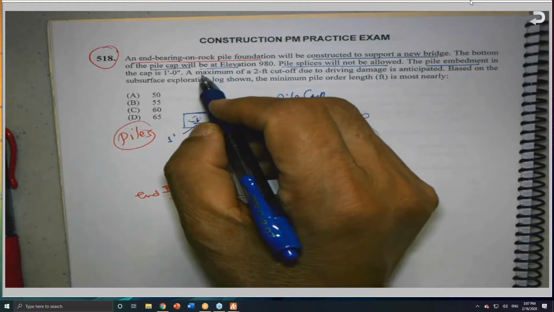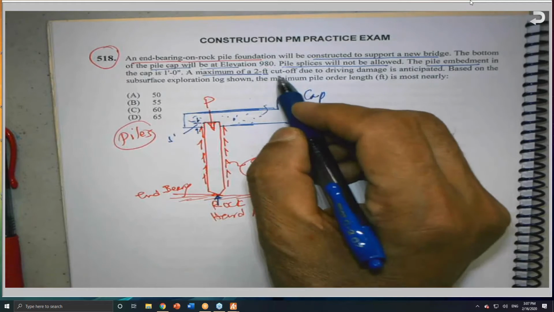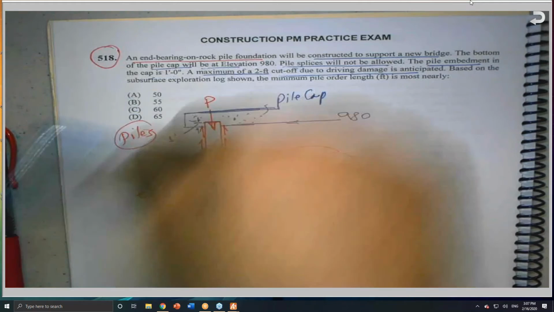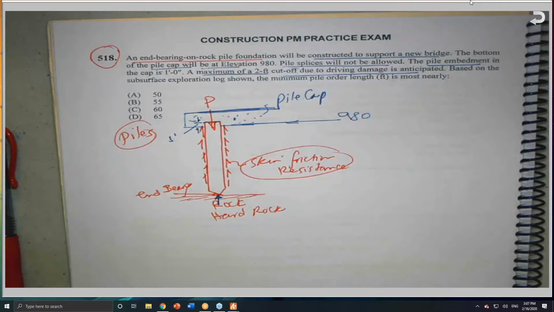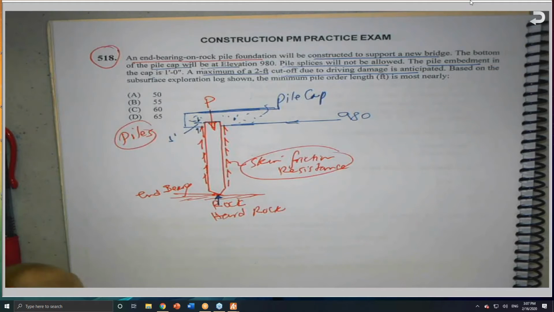A maximum of 2 feet cut off due to driving damage is anticipated. When they drive these piles into the soil, there are two methods: driven piles or augered piles, where you drill a hole and put in the reinforcement and concrete, or precast the piles and drive them.